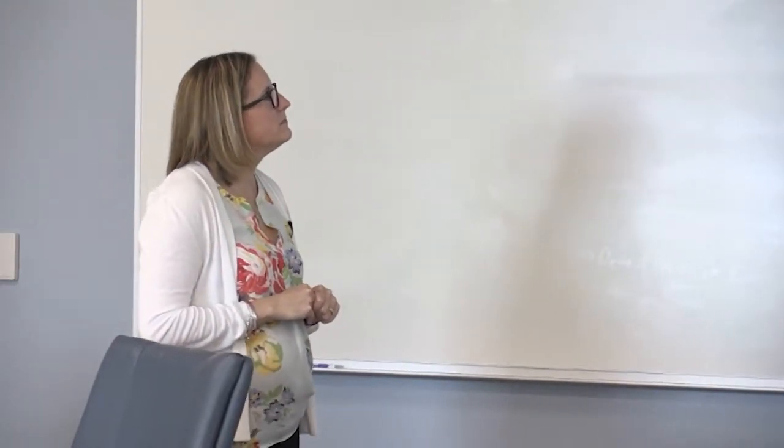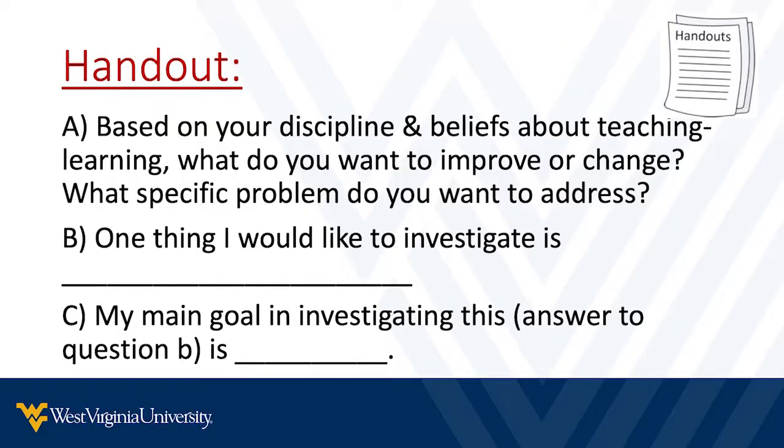Okay, so now you're done listening to me for a bit, and you get to pull out that handout. We're going to ask you to work through this. We're going to work with you throughout this session so that you can think about your research questions. So for A, based on your discipline and beliefs about teaching and learning, what do you want to improve or change?